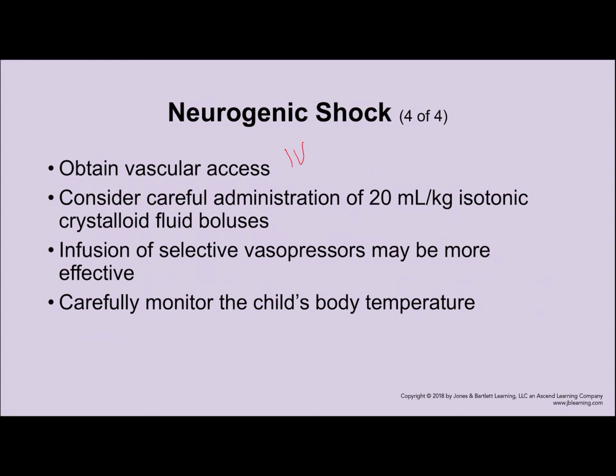So because the etiology is more of a vasodilatory shock, one of the first-line vasopressors may actually be norepinephrine, as norepinephrine acts firstly and strongly on alpha agonist receptors. And so in order to treat inadequate or inappropriate vasodilation, you want to make those blood vessels clamp back down again. And norepinephrine is a good drug for that. Again, you want to make sure that the child's body temperature is normal, not too hot, not too cool.